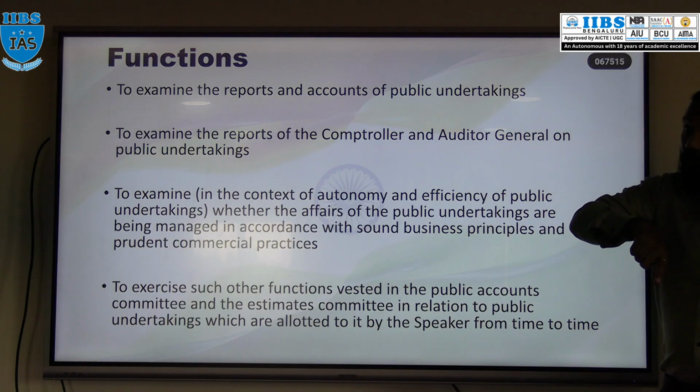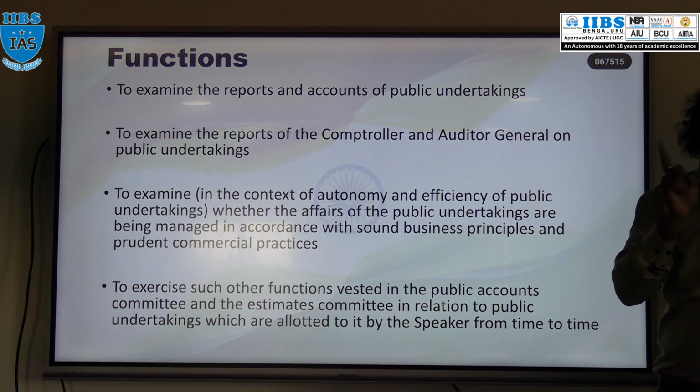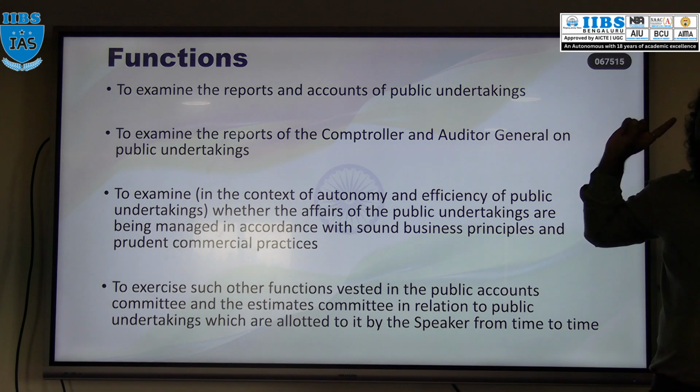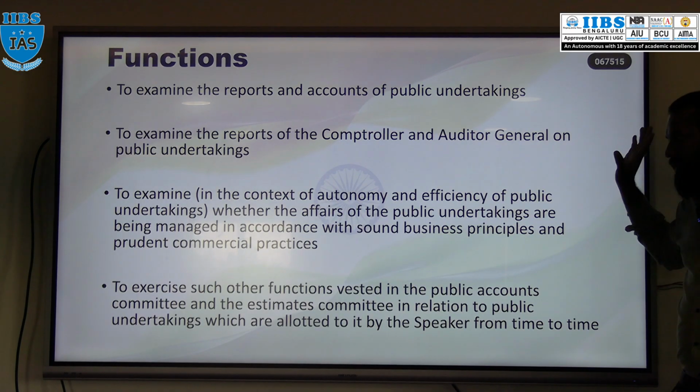And CAG also audits the accounts of public sector undertakings, and CAG will submit the report to the President. The President lays the audit report of PSUs before the Parliament, and Parliament will give that report to this committee. So that thing is also there.